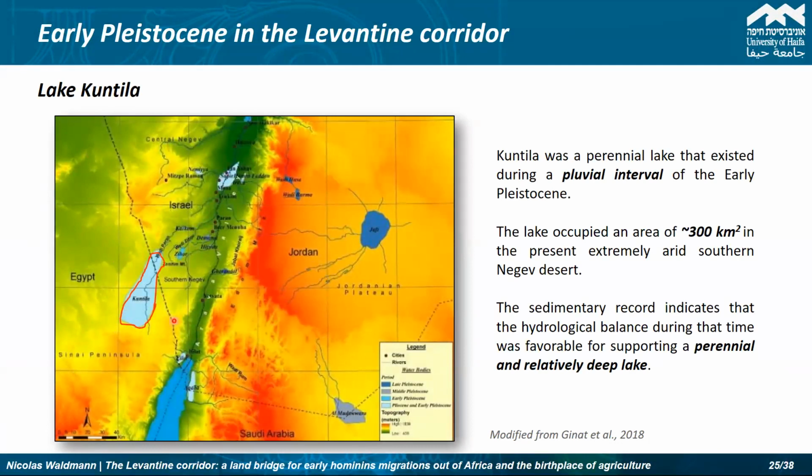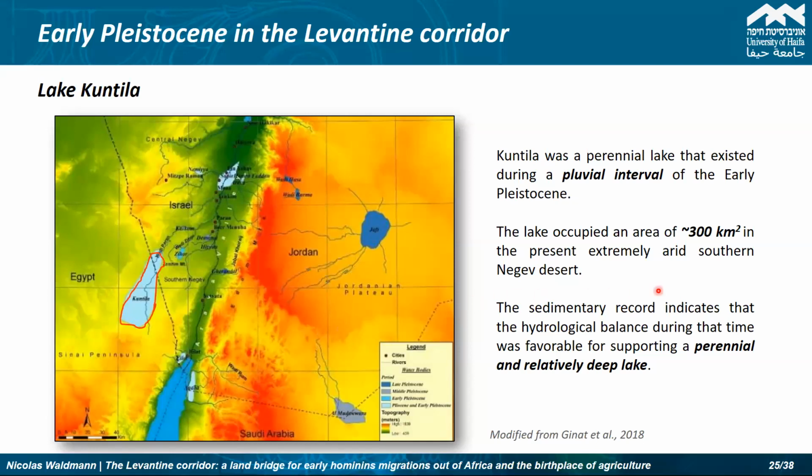Especially Kuntila, which was a perennial lake that existed during a pluvial interval in the early Pleistocene. The lake occupied 300 square kilometers in an area that we currently receive 10 millimeters of rain per year. So you can imagine, we didn't have that amount of rain during that time.